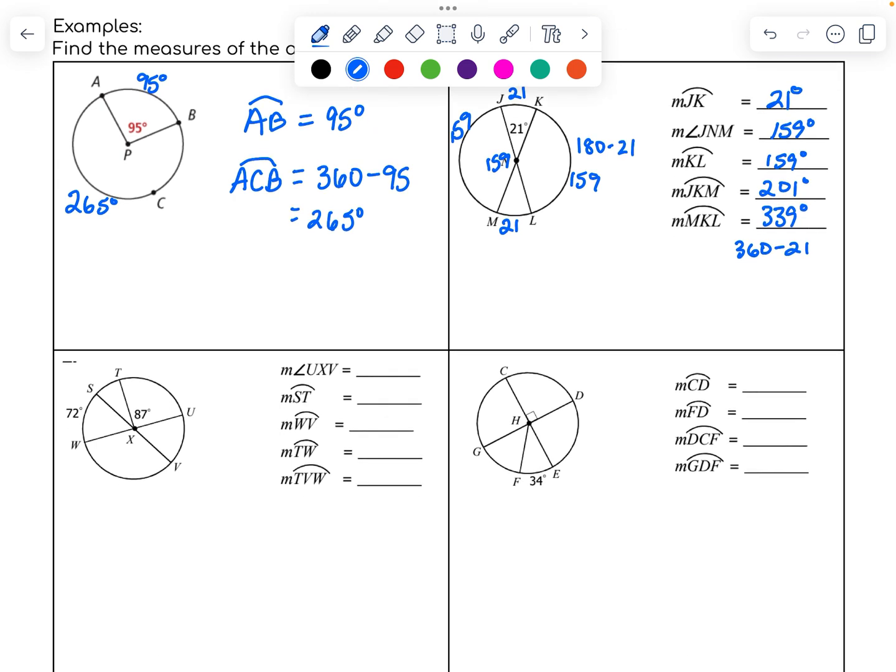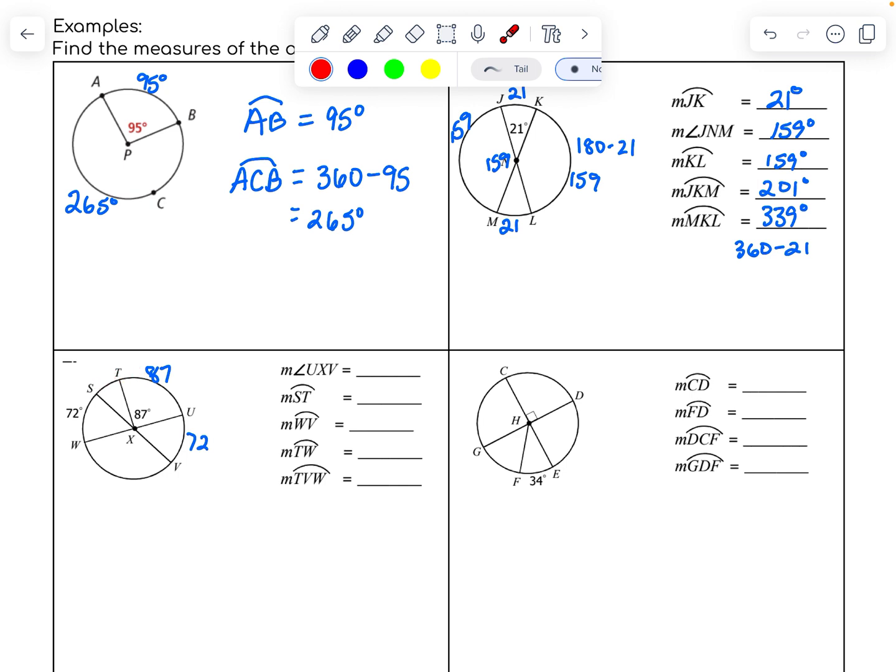Okay, so if this is 87, then this is 87 out here. Okay, and then they tell us that we can kind of find this piece right here is 72. So if this piece is 72, I can take that over. So that's 72. And then if you look here again, now we got our 180. Here's our 180, so we can find that little piece. Okay.